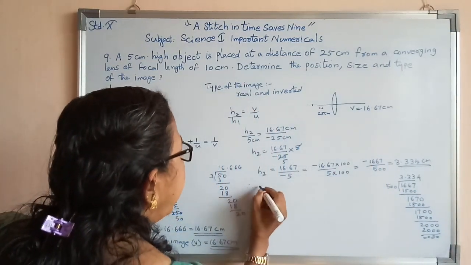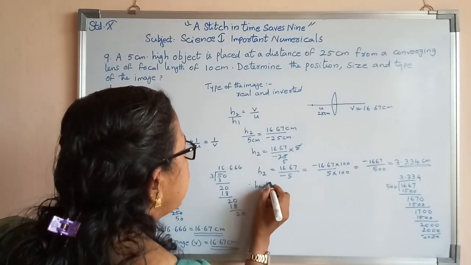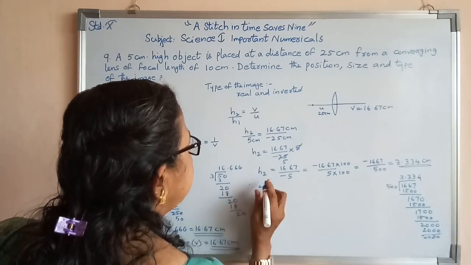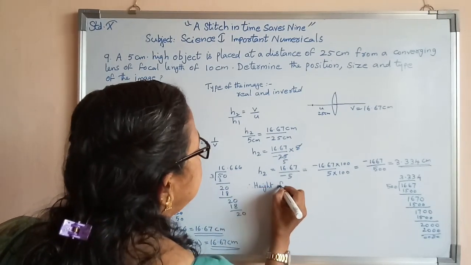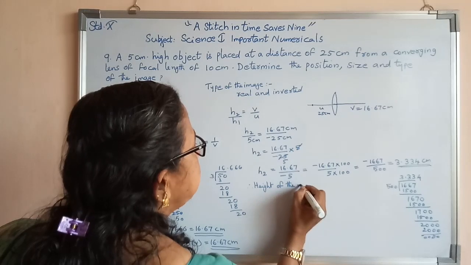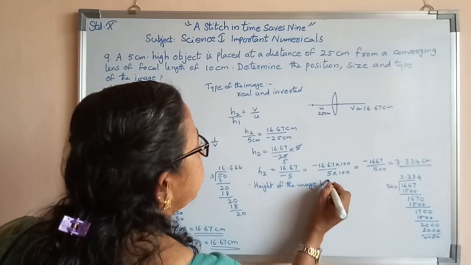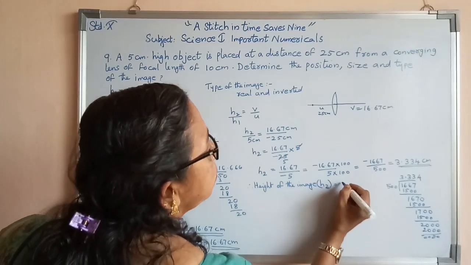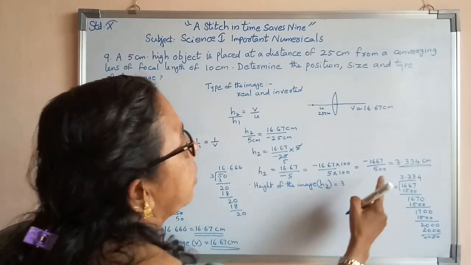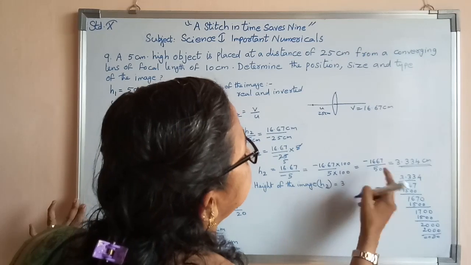Therefore, the height of the image, that is H2, is equal to 3. Here one more thing you have to take care of. Here a minus value is there.